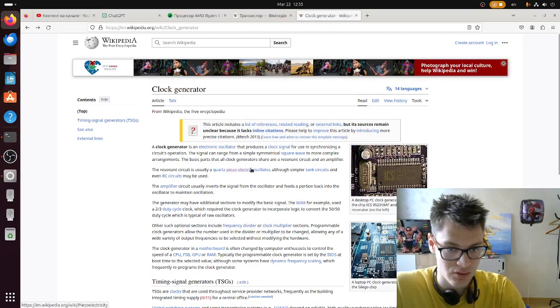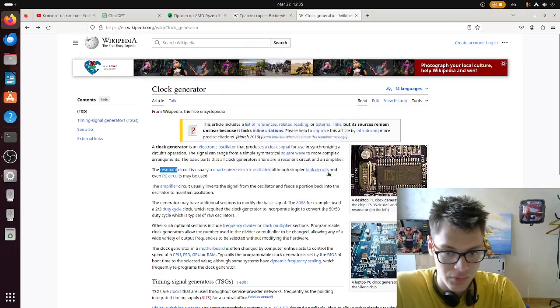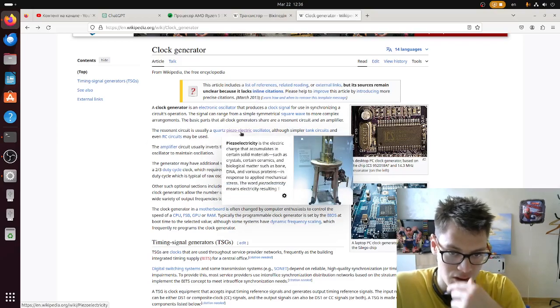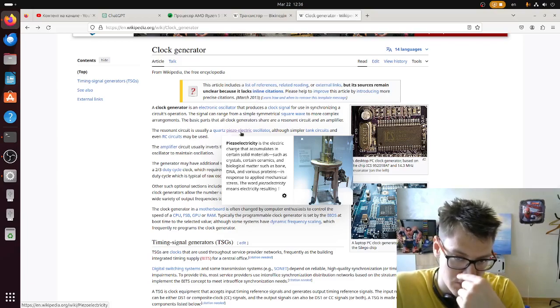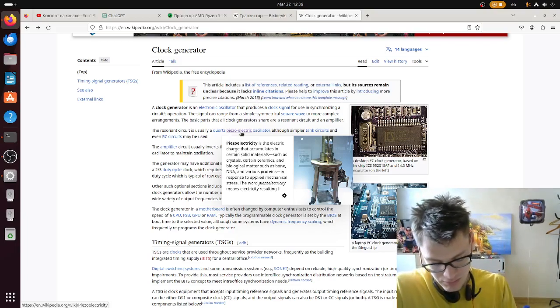The resonance is usually a quartz piezoelectric oscillator, also simpler tank circuits. Okay, but how does it work? Is it the electric charge that accumulates in certain solid metals such as crystals? Okay, so I don't know.